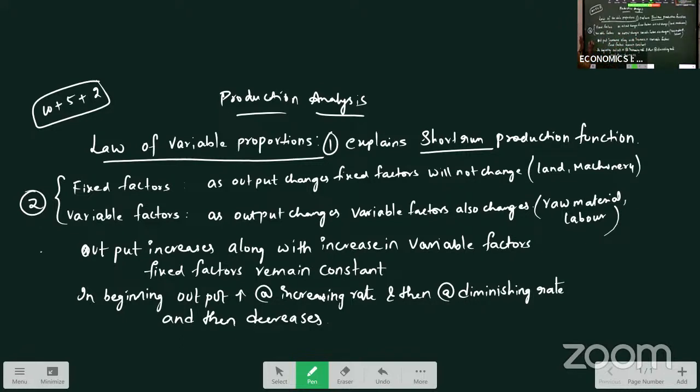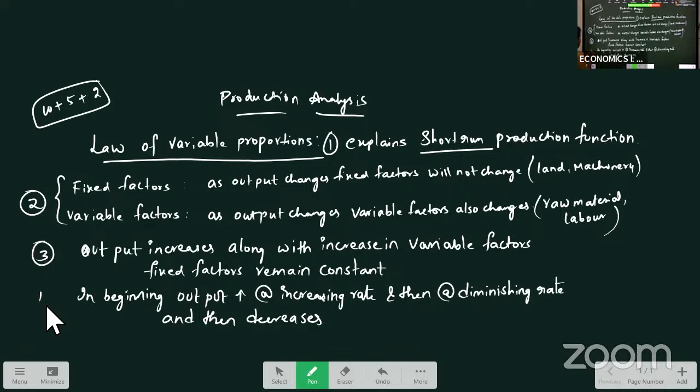Now your third point will be, the law explains that output is increasing along with the increase in the variable factors, where fixed factors remain constant. Because to produce any output, we use a combination of fixed factors plus variable factors.